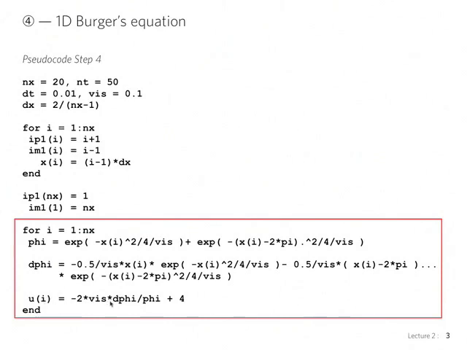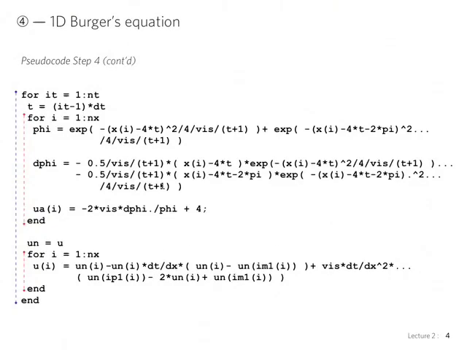And then u is obtained from d phi over phi, the formula you've seen in the previous slide. So here we have the setup of the calculation, our initial condition, and the final calculation. Note that we have to advance in time, and within each time step we have to traverse all of the points in the x direction, so we have some nested loops.